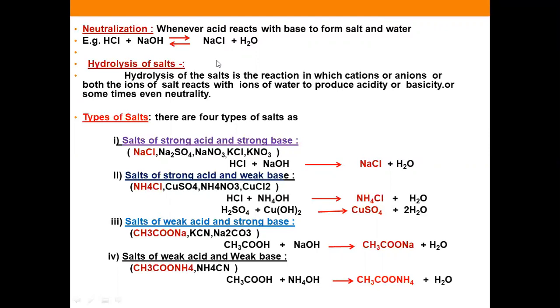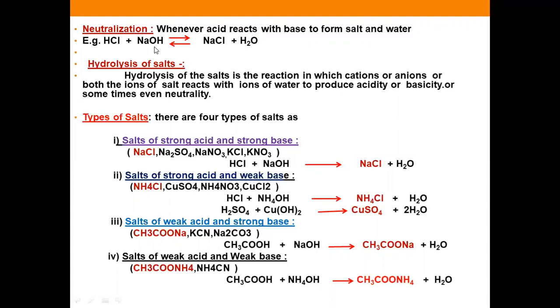Remember this point. What is meant by neutralization? Neutralization is the process in which the acid reacts with base to form salt and water.